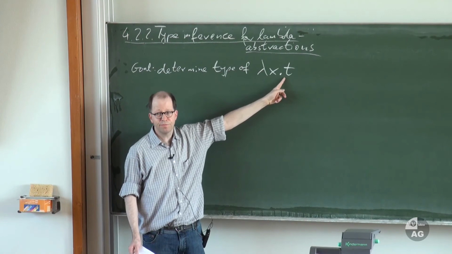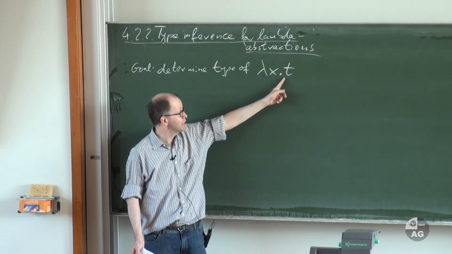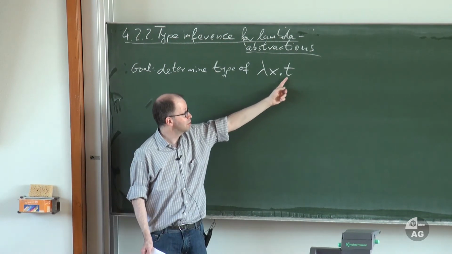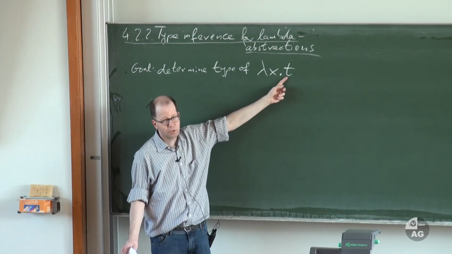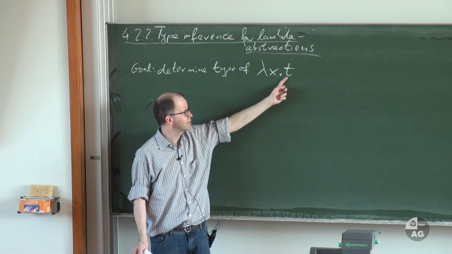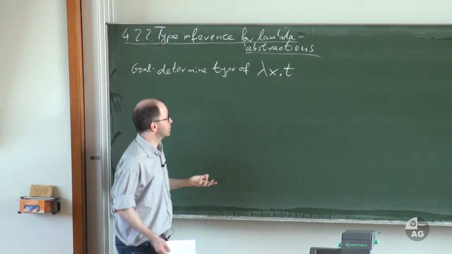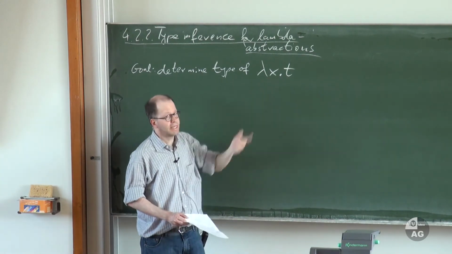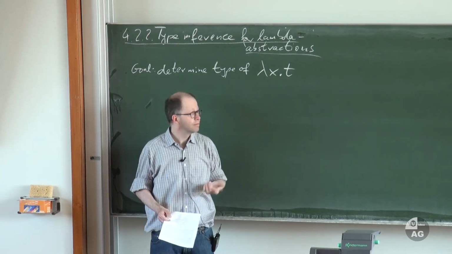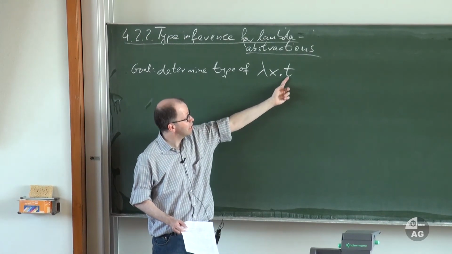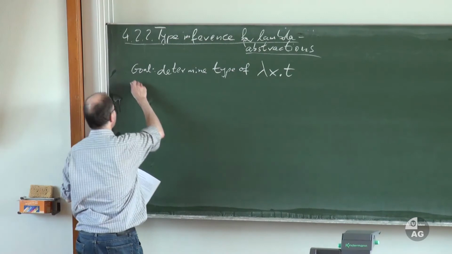That's also quite likely, because this stands for the function that takes this argument x and returns this result here. And then most likely the argument will occur in the result. So how can we do this? Well, the idea is we could assume that x has some arbitrary type b, and under this type assumption, we could then determine the type of t.